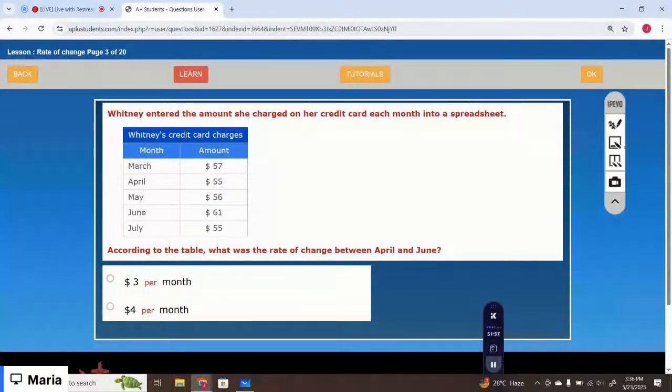Whitney entered the amount she charged her credit card each month into a spreadsheet. According to the table, what was the rate of change between April and June?